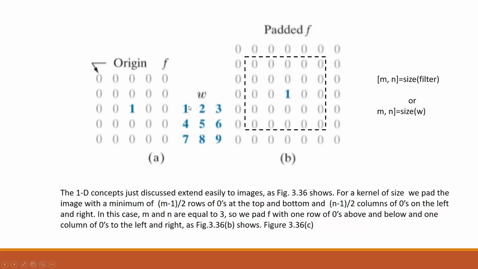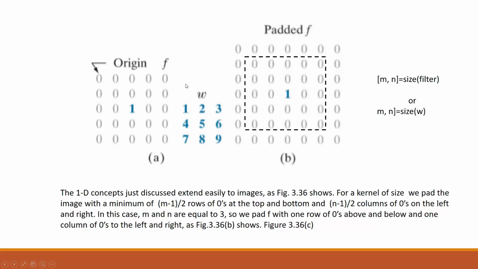In the present scenario, m and n are equal to 3. So 3 minus 1 divided by 2 is 1, so 1 row at the top and 1 row at the bottom. Similarly, n is also 3, so 3 minus 1 divided by 2 is 1, so 1 column on the left hand side and 1 column on the right hand side.